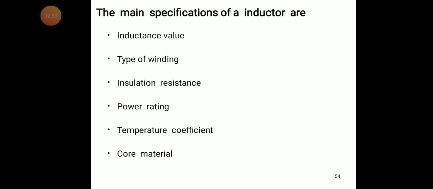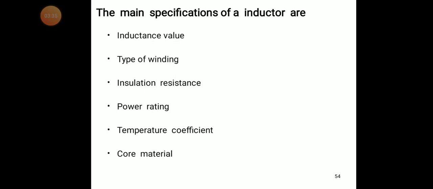The next specification is the temperature coefficient. Already you know what happens to the inductor when the temperature increases. An inductor can be used in different environments, either high temperature or low temperature. If we know the temperature coefficient, we can guess what happens in a high-temperature environment and also in a low-temperature one.